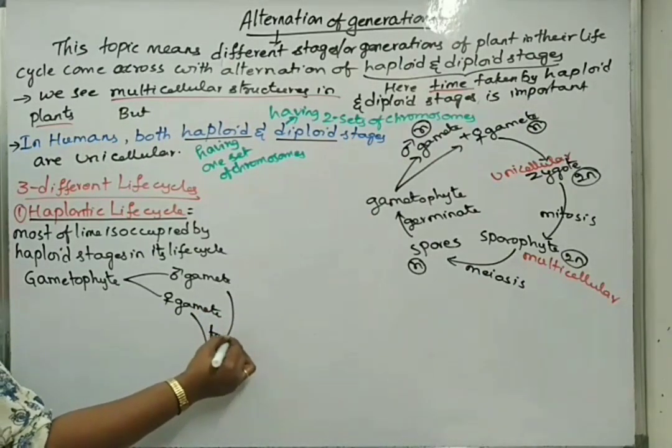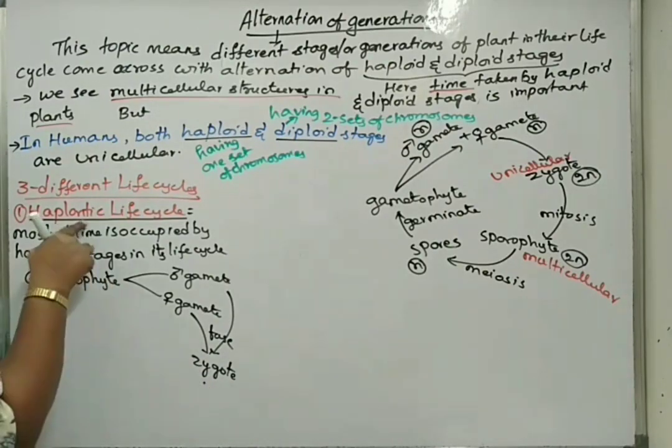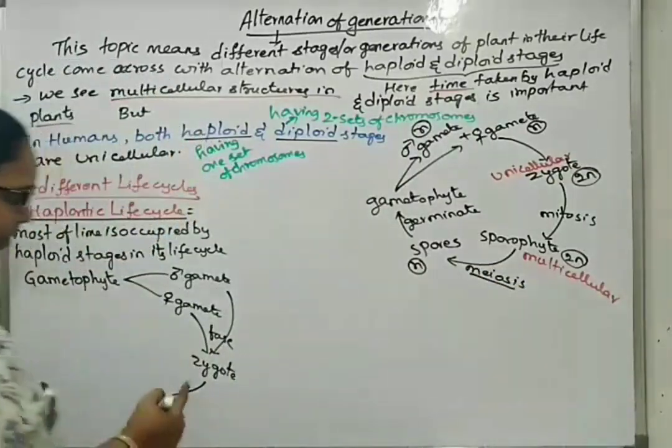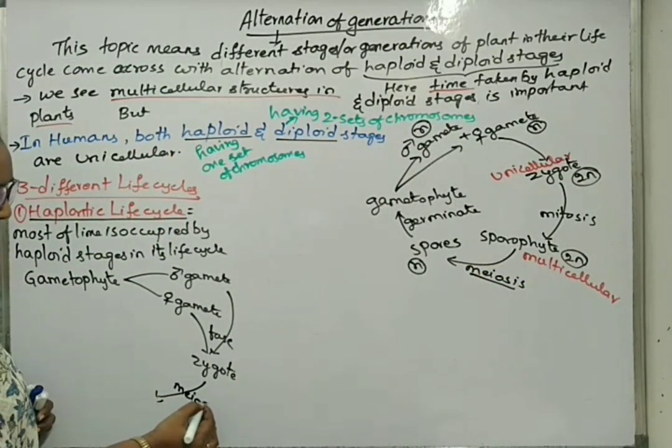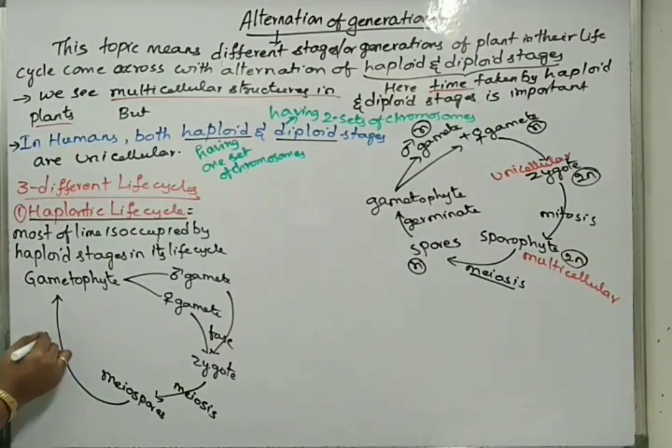Both fuse to give out a zygote. In organisms which show the haplontic life cycle, the zygote itself undergoes meiotic division and produces meiospores. These meiospores germinate and form the gametophyte.